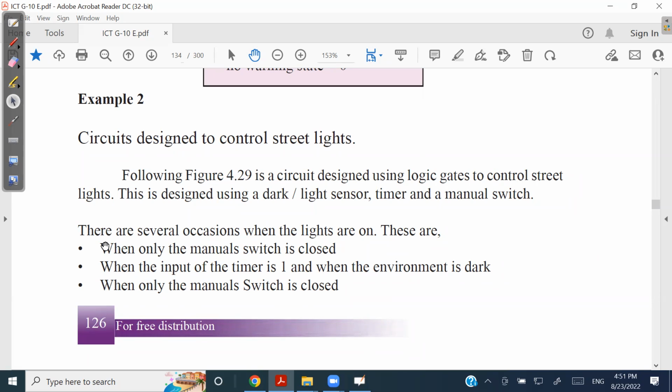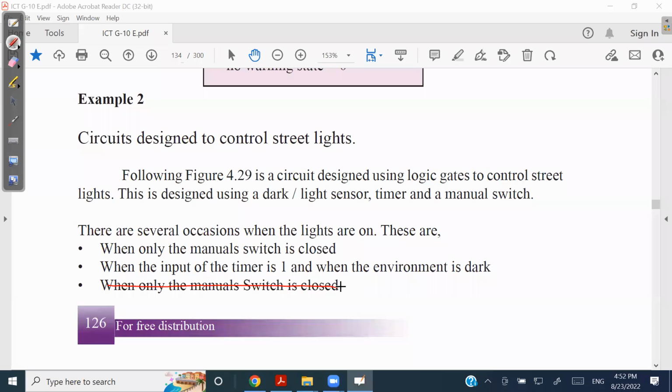Second one, the input of the timer is 1, and when the environment is dark, when only the manual switch is closed. That's what I have, yeah. That means the third one replicates the first one. It's the same thing, first and the third. Right? So we can omit the very last one, right?